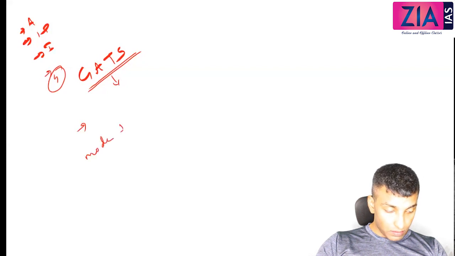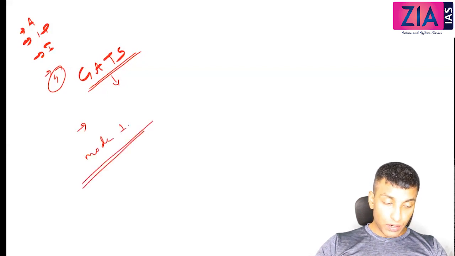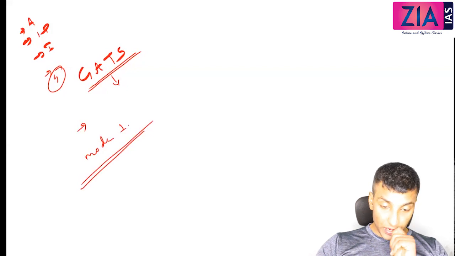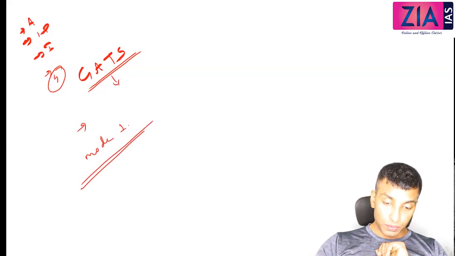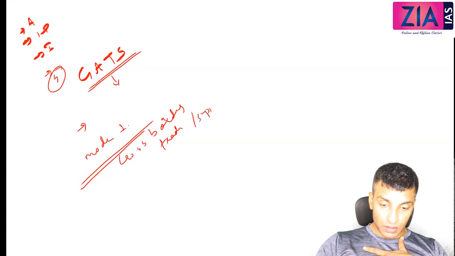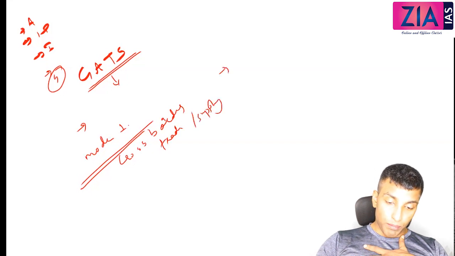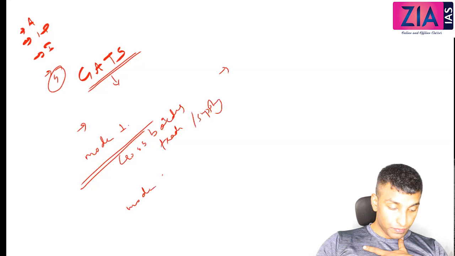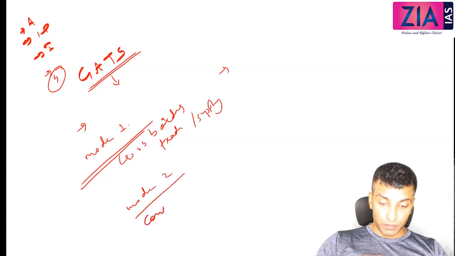Mode 1, cross-border trade or supply. Mode 2, consumption abroad.